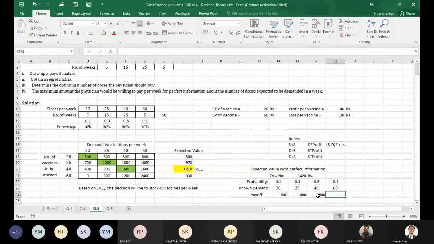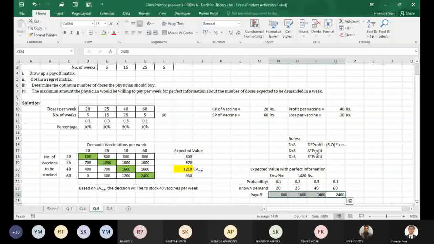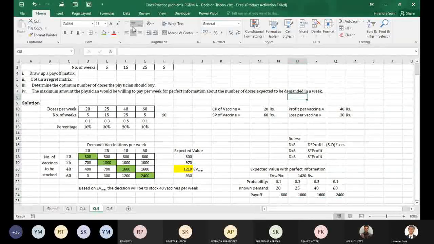Correct? Similarly, if I knew the demand is for 60 vaccines and I have brought only 60 vaccines, so this is what would be my earnings, my payoff. Correct? बराबर है? Is it fine?